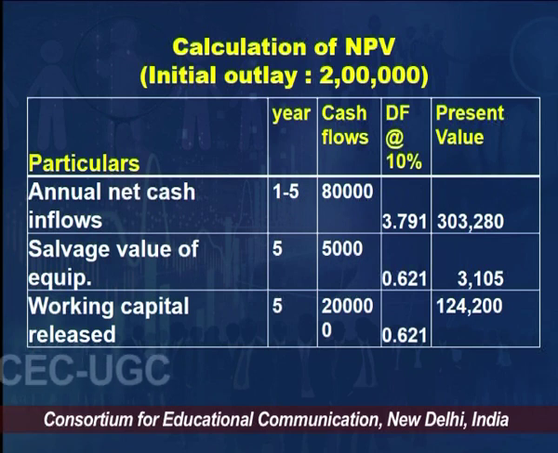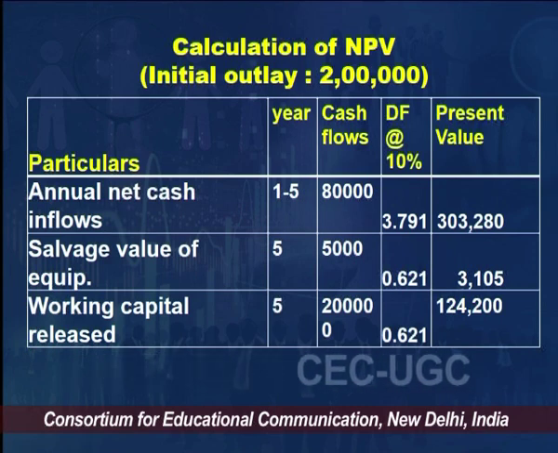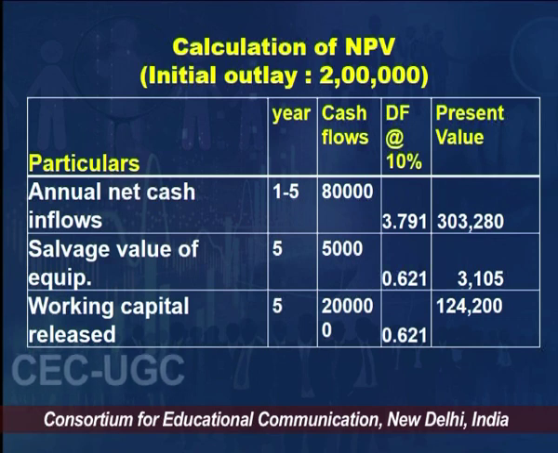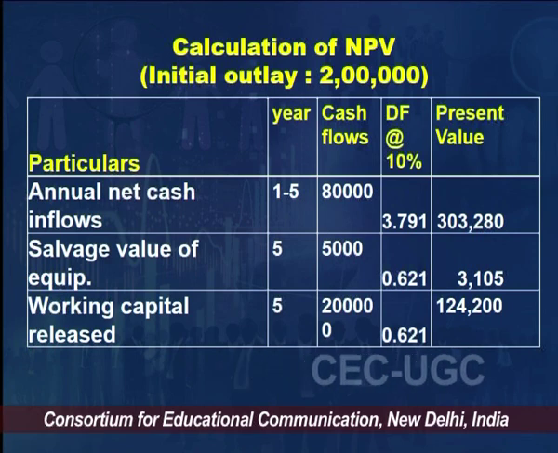It comes from the annuity table at the rate of 10%. So, 3.791 is the discount factor. If we multiply 3.791 with 80,000, which is the cash inflow in annuity format for 5 years, my total amount comes to 3,03,280. So, this is the present value of only the incremental cash flows, or cash flows after tax, CFAT.